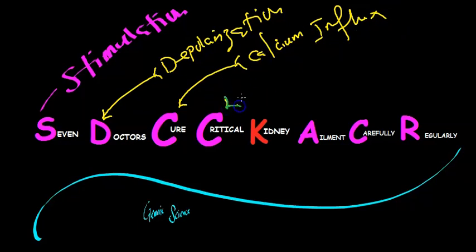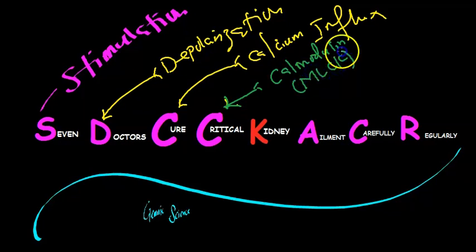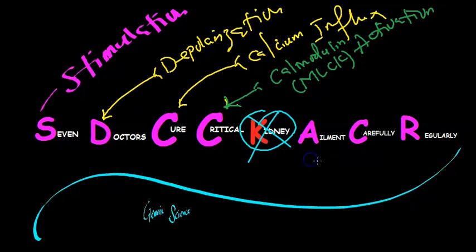We said this is calmodulin. Let me use the abbreviation: calmodulin myosin light chain kinase activation. The next step which we need to follow, this K, you notice that this is the only one in red, it's not needed.